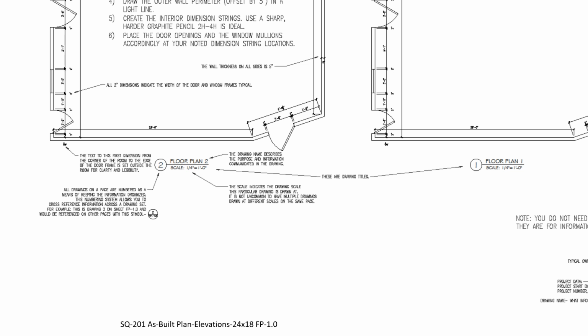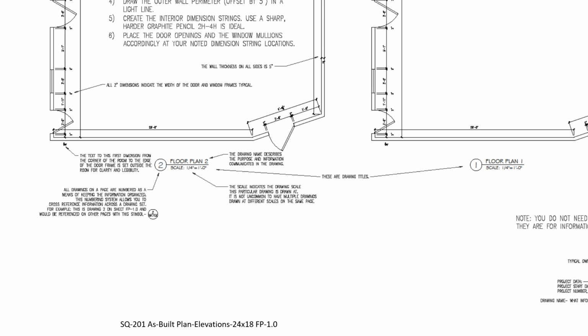So the 2 or the 1 represents that all drawings, and it has to do with this little leader down to the lower left, all drawings on a page are numbered as a means of keeping the information organized. This numbering system allows you to cross-reference information across a drawing set. For example, this drawing is number 2 on sheet FP 1.0 and would be referenced on other pages as this little symbol here.